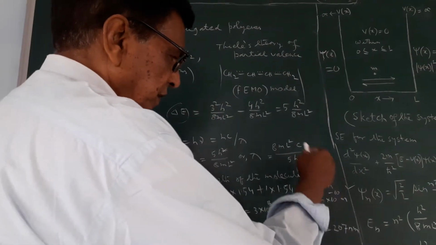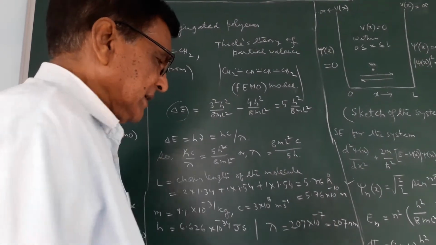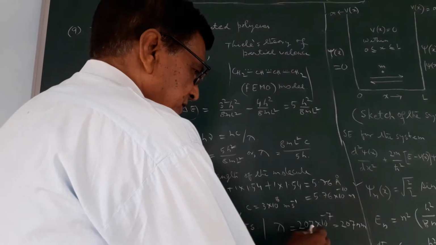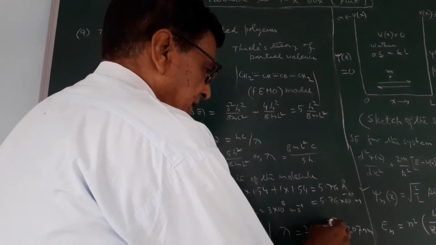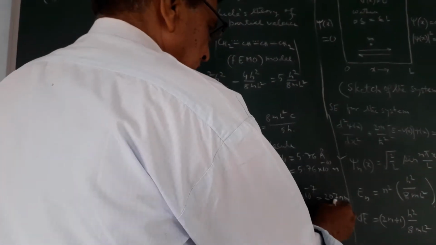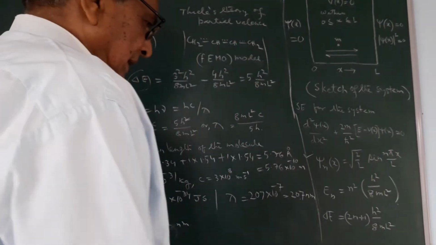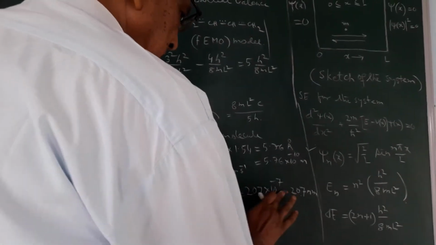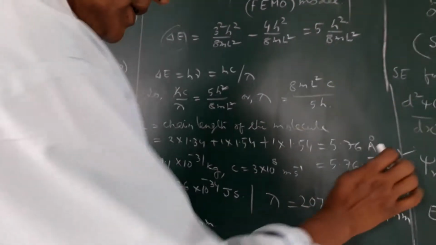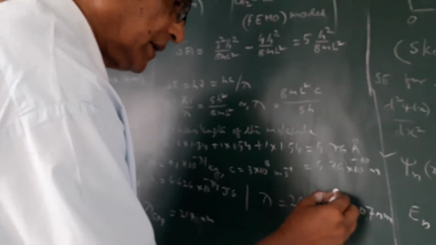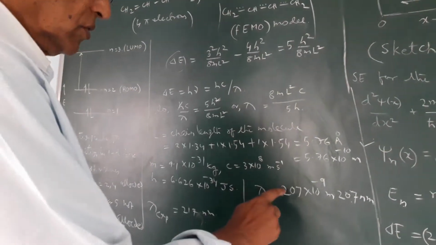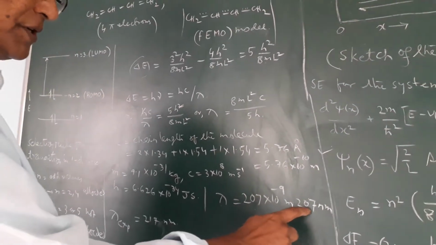Whenever we put all these values, lambda is calculated to be 207 into 10 to the power minus 9 meter. So this is equal to 207 nanometer.